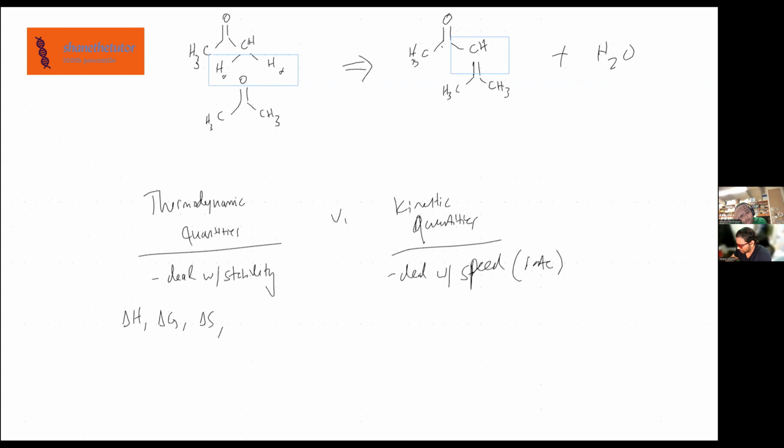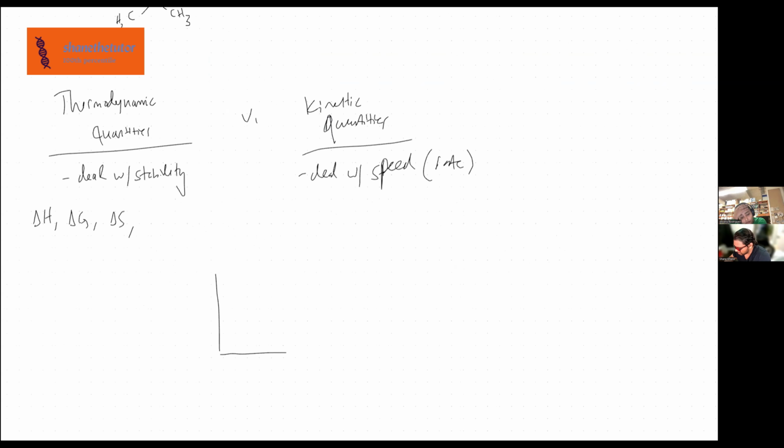So if I drew this reaction here, this would be the enthalpy or the bond energy of the reactant, right? And this is the enthalpy or bond energy of the product.